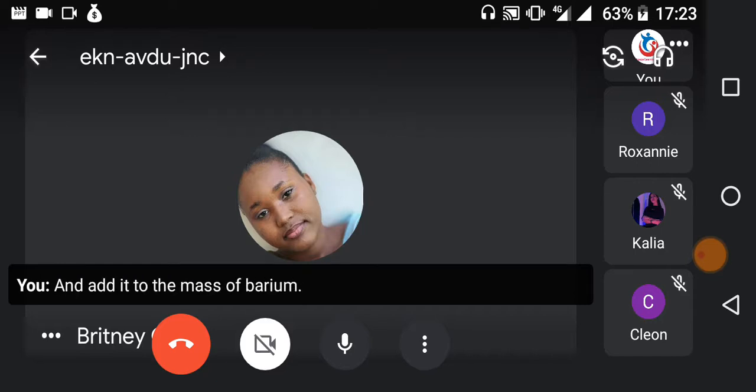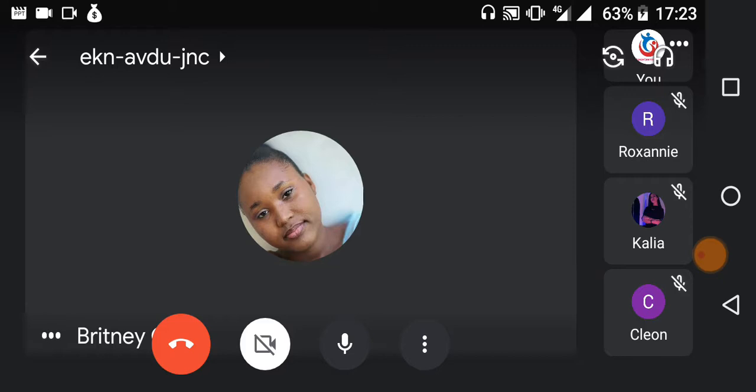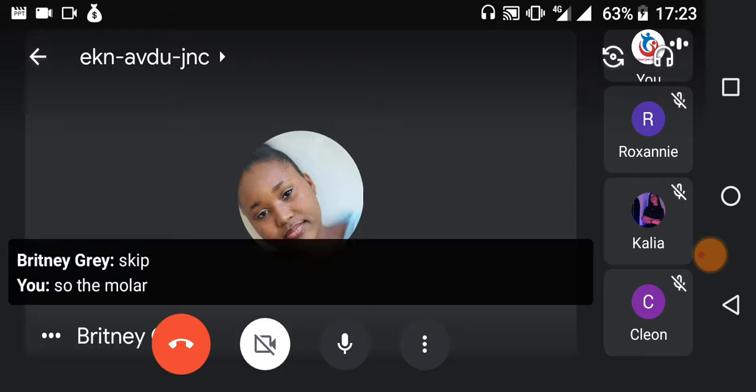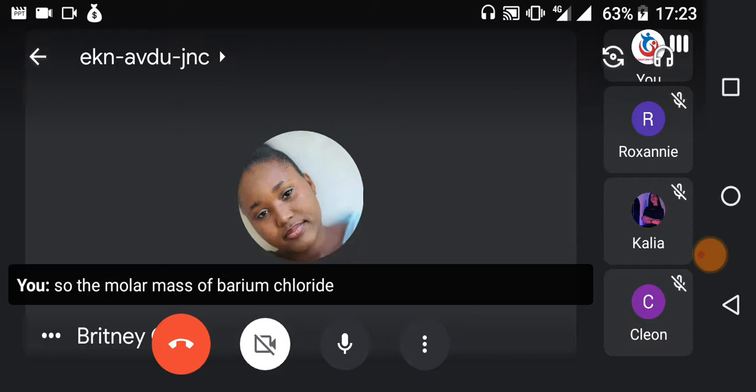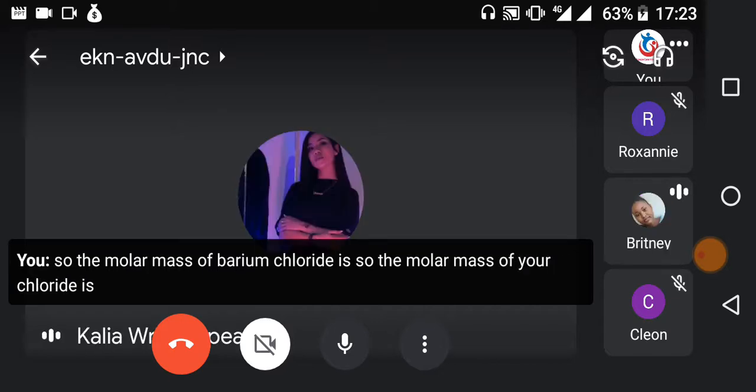So the molar mass of barium chloride is 208 grams per mole.